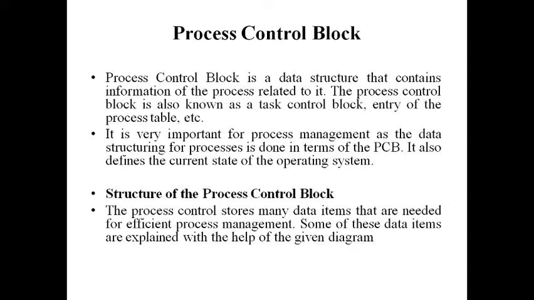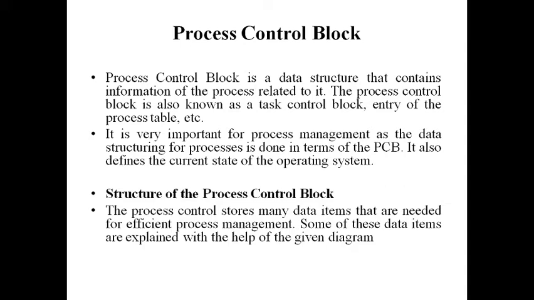At what time which resource is provided by the operating system, at what time which resource is released, everything, the current state of the operating system, is also defined by the process control block.